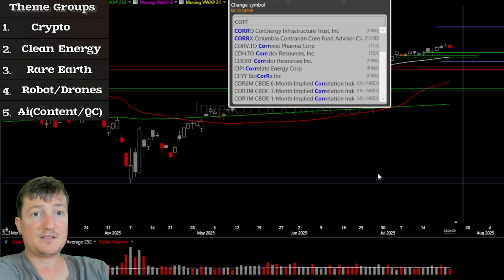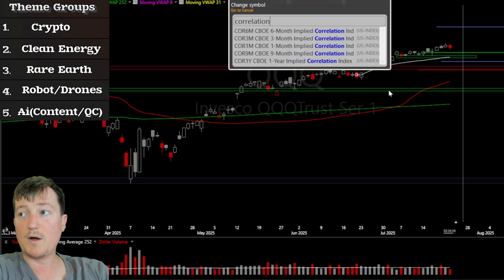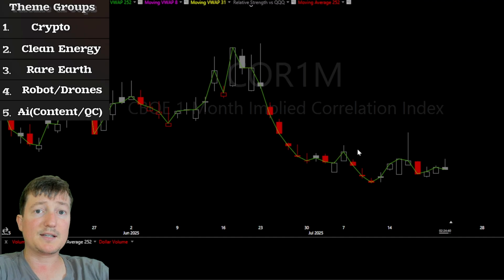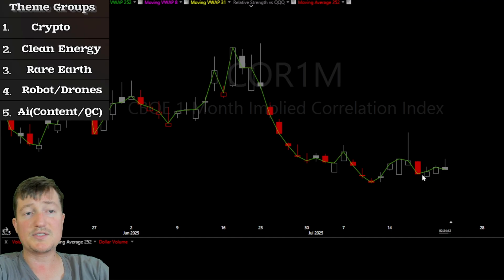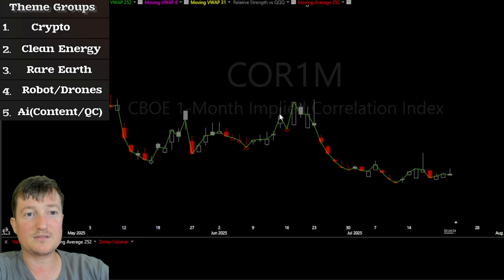Let me show you guys correlation. So this is the 1 month implied correlation index from the CBOE. And I've started to like looking at this thing, because essentially it tells you if stocks are going to move independent to the market, which is good for stock pickers. And typically when the market starts to really heat up to the downside, the correlation starts going closer together.